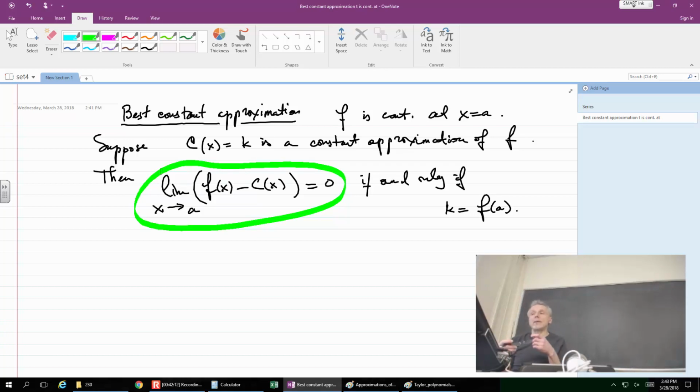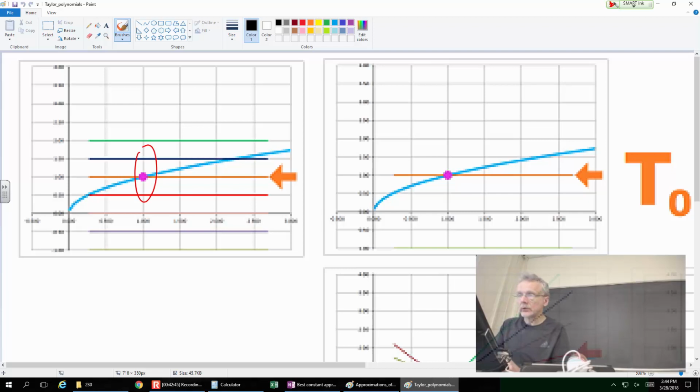You have a constant function, and you take the difference between that function and f. Well, we have too many functions right now. We're picking one of them. So the key word here is best. We are looking at all constant approximations. We want to pick the best one, and how do we determine what we want? What's in green is what we want. We want the limit as x approaches a of the difference of these two functions to converge to 0, exactly what you see over here.